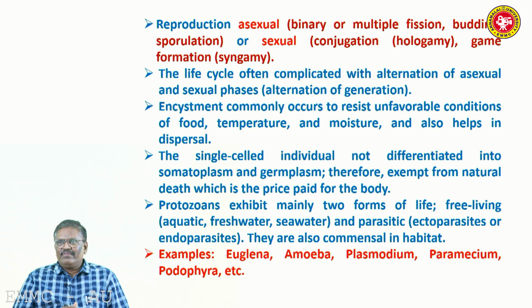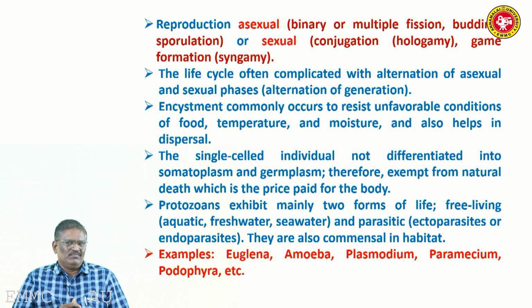The life cycle is complicated, with alternation of asexual and sexual phases. Encystment commonly occurs to resist unfavorable conditions of food, temperature and moisture, and also helps in dispersal. The single-celled individual is not differentiated into somatoplasm and germplasm, therefore it is exempt from natural death.